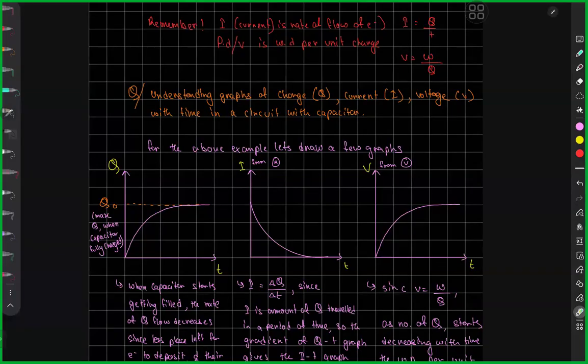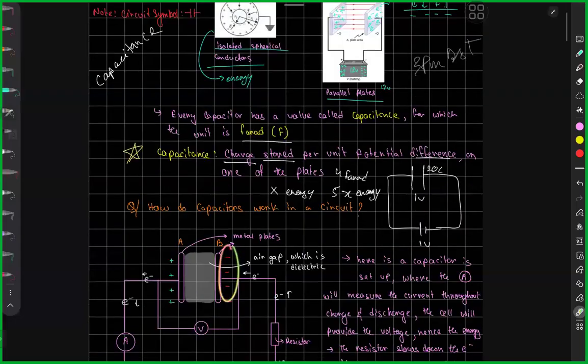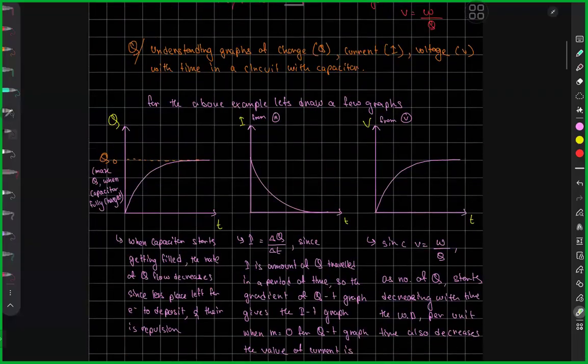So as the amount of charge deposit increases on either side, that is, if electrons deposit over here a lot, in return, a lot of positive charge gets induced over here. And as this charge deposit increases with time, the potential difference also increases between these 2 points. So this and this are exactly proportional, hence the same shape.